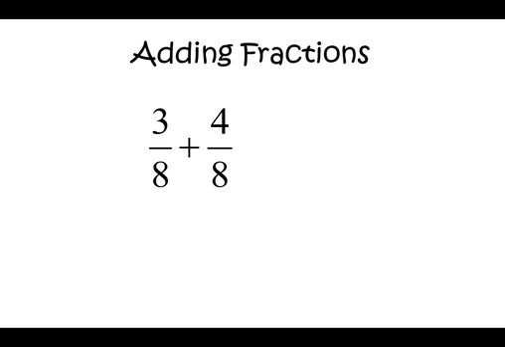All right, if we wanted to find the sum of 3/8 plus 4/8, we only need to add the top numbers. Let me say that again. We only need to add the top numbers. And let me show you. Well, first, 3 plus 4 is 7.